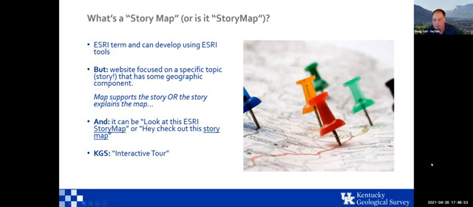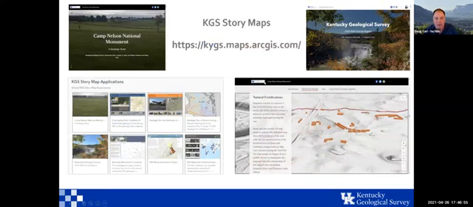So let's see, move map. So kind of what I'll do is, the first part of my talk, I want to talk a little bit about the KGS StoryMaps in particular, one that we did this past year on Camp Nelson, but just kind of give you the landscape of what we've done at KGS regarding story maps. And then I'll dive into how to make a story map using a free Esri account.